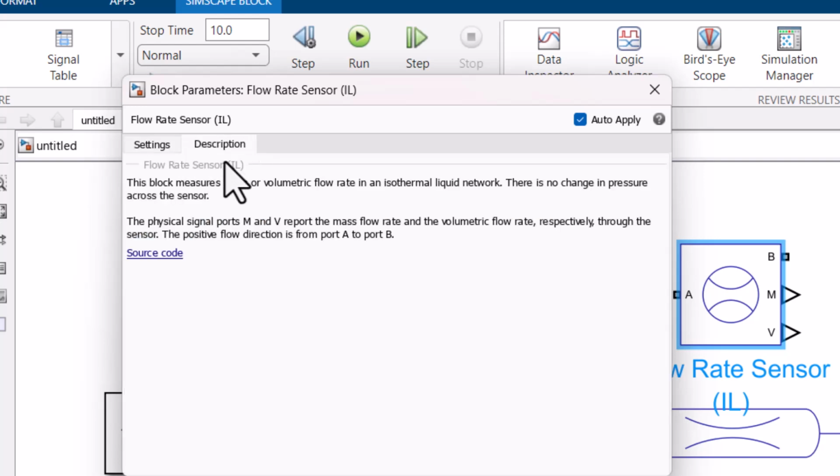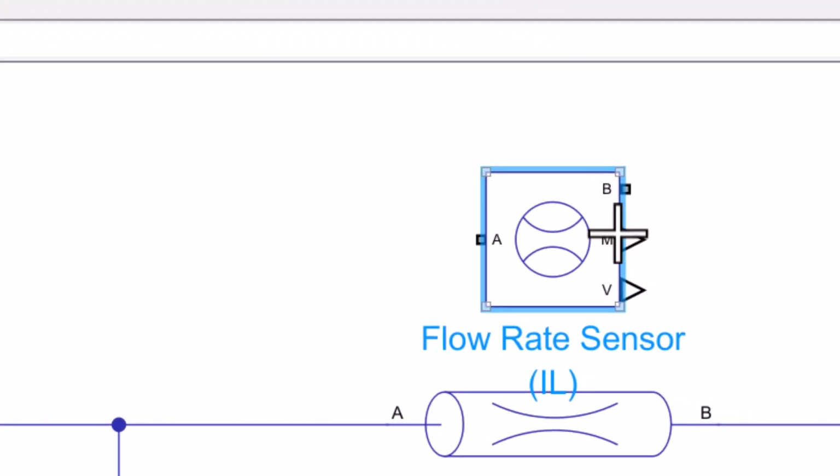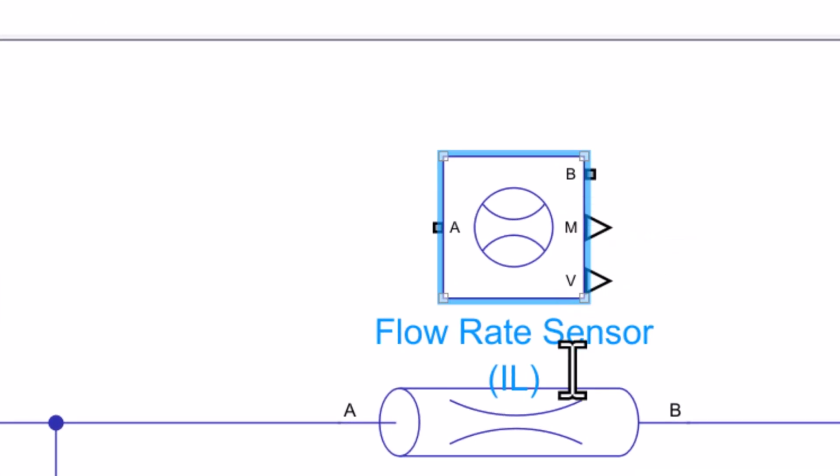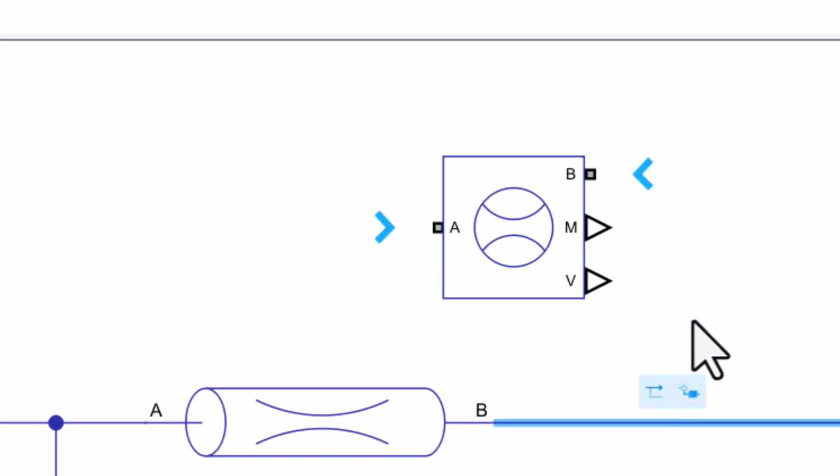And in the description tab, it tells me about this sensor, and I want to let you know that the units here are in SI units. So the mass flow rate is going to be in kilograms per second, and the volumetric flow rate is going to be in cubic meters per second.